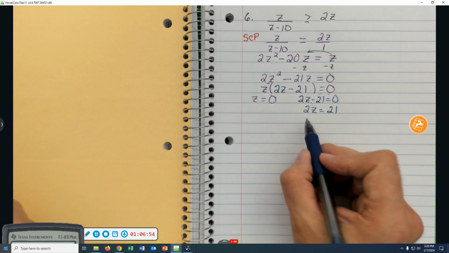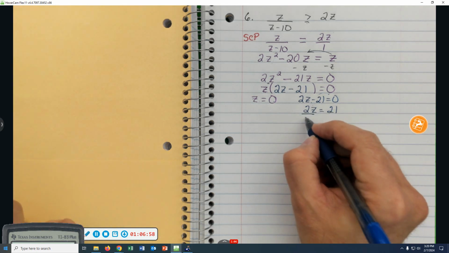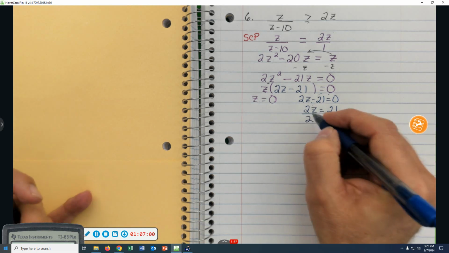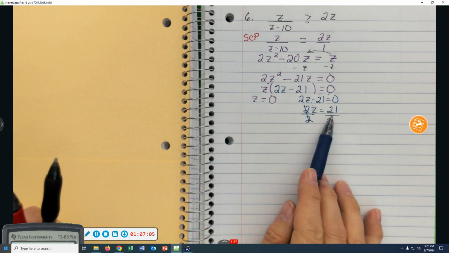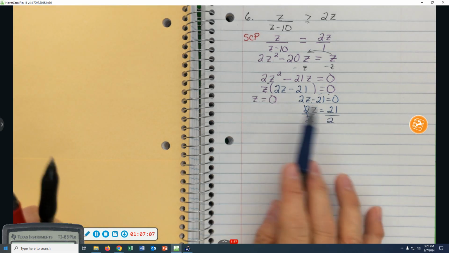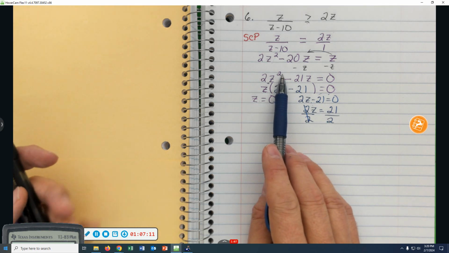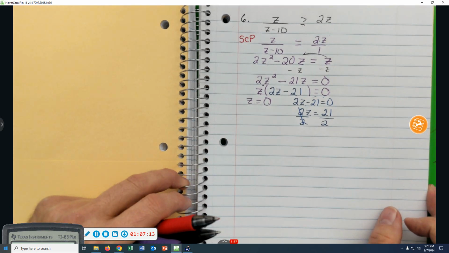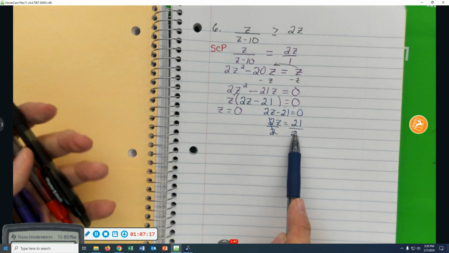And then one other thing, what do I have to do now to get the z by itself? Divide both sides by 2. So we have 2 solution cut points. Remember we mentioned if you have a quadratic equation, you should expect 2 answers. So we have 0 and 21 over 2.